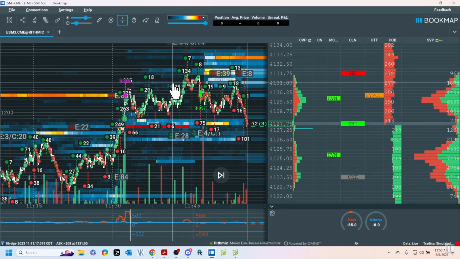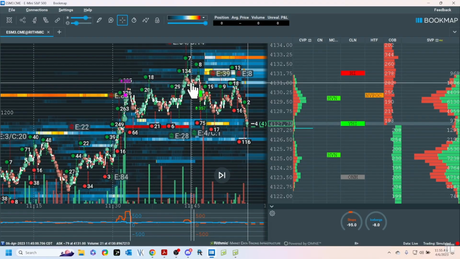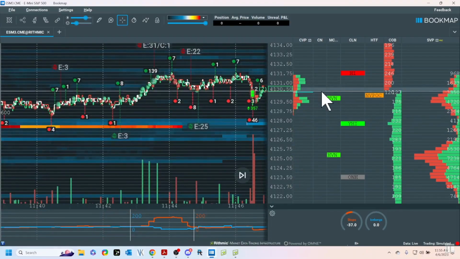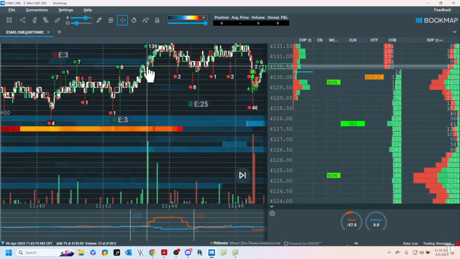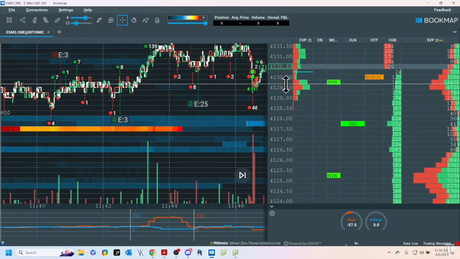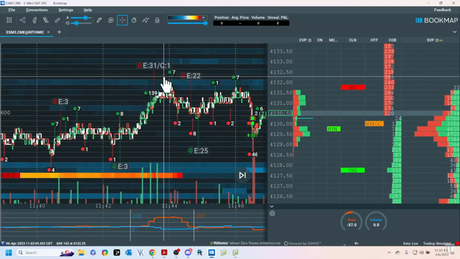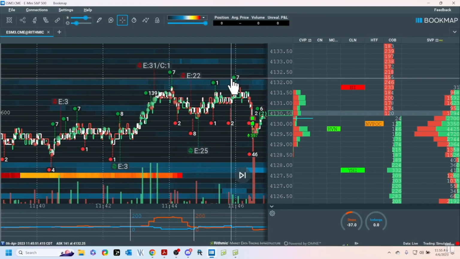Now I use no indicators, but Bookmap, what it did for me is it helped me see inside so I can get closer to the participant behavior. So I can open this up as much as I want to see inside. I could not do that previously. I didn't have the ability to see stops, to know who the buyer was.